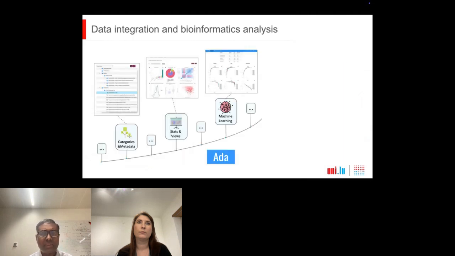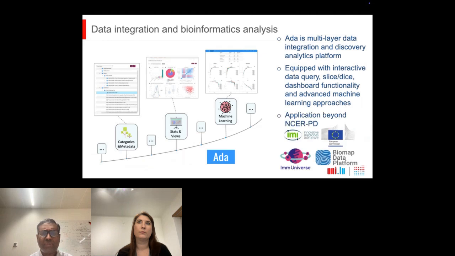And this is the system I was mentioning, the ADA. There you can bring these different layers together, and you can organize this information into a nice tree view, because clinical variables could be quite long. They need to be organized systematically, and then you have what we call the dashboard functionality with the stats and views.